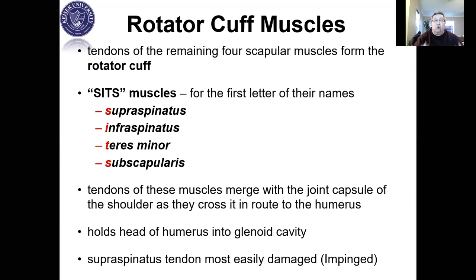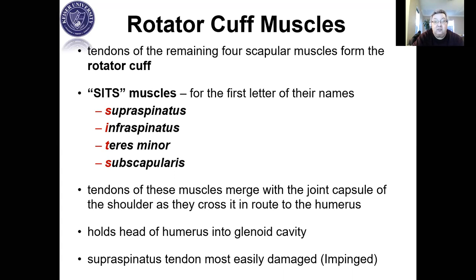So it's called the rotator cuff because, like I said, the tendons merge with the joint capsule of the shoulder and they cross the head of the humerus. Just like I said, the major job of these four muscles is to hold the head of the humerus into the glenoid cavity.